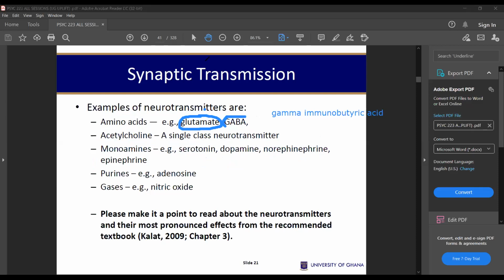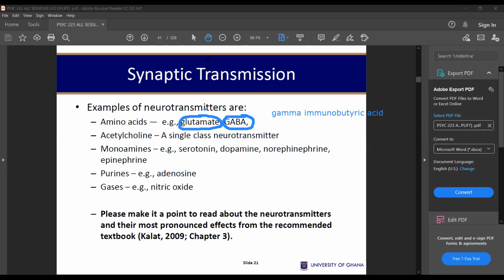Then with GABA, in most situations, it decreases the activity of the brain. That's why we say it is inhibitory. It decreases the activity that goes on within the brain. If someone has seizures, I know most of you know what seizures are, an example is epilepsy.